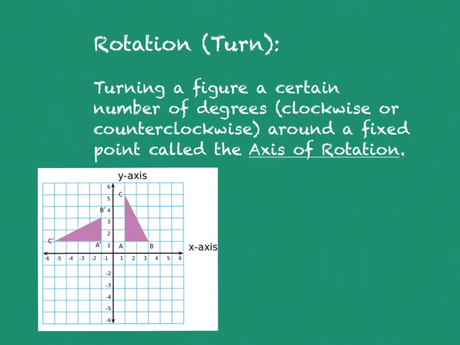Okay, rotations or turns are when we take a pre-image like triangle ABC there in the first quadrant and rotate it either clockwise or counterclockwise around a fixed point called the axis of rotation. In this case, the pre-image, triangle ABC, was rotated about the origin.